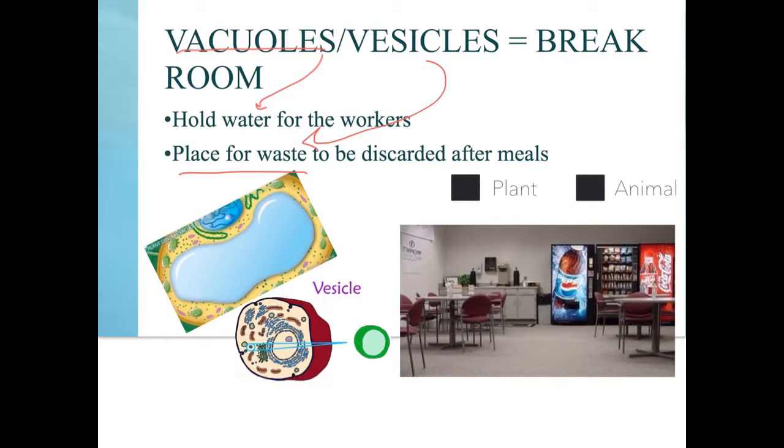And those also can be found in the cell, and we can compare that to the break room. A plant cell has a vacuole, and an animal cell has a vesicle, and plant cells also have vesicles for removing waste within a cell.